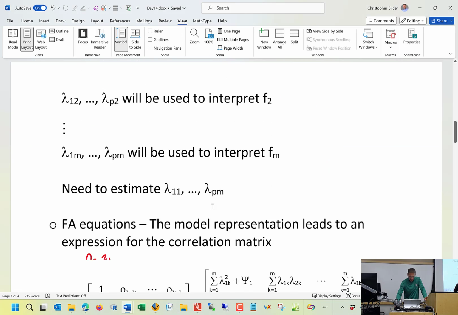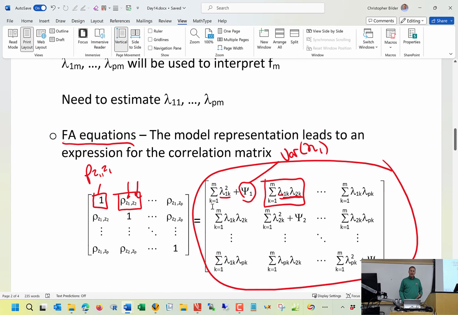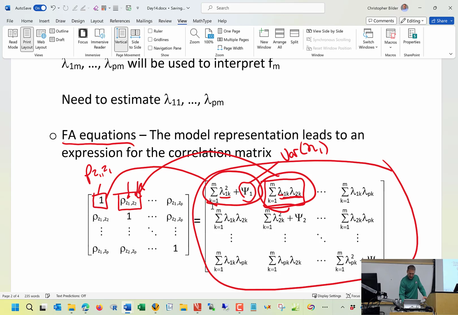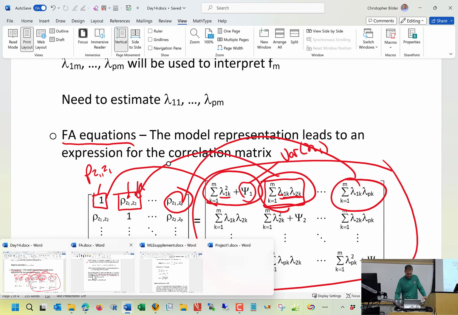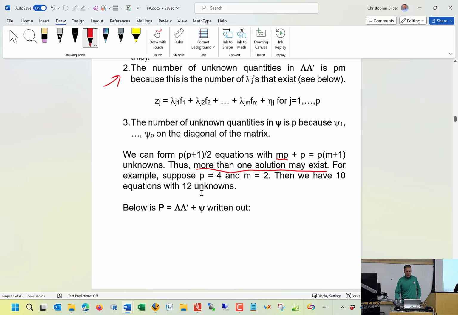Now, I just want to emphasize something. When I say we are going to have a system of equations, what you could basically say is: I'm going to set this quantity equal to that, this quantity equal to that, and this quantity equal to that, and then solve for the lambdas and the psis. So for example, let's say that P was 4.